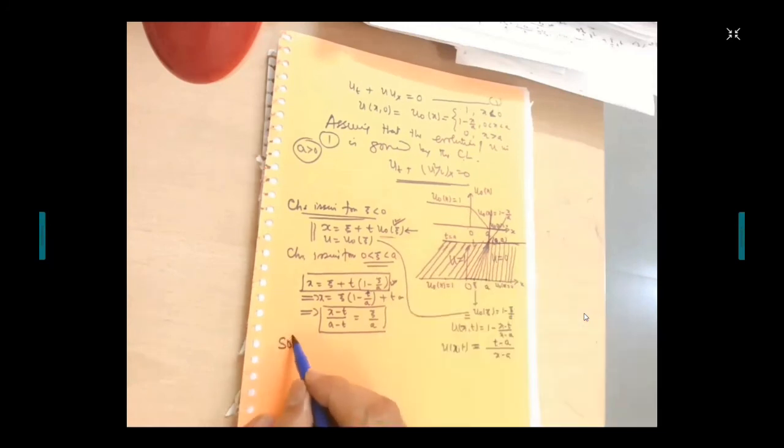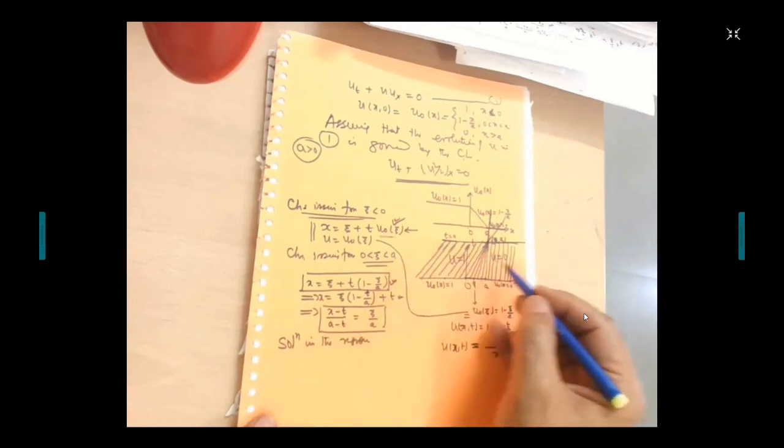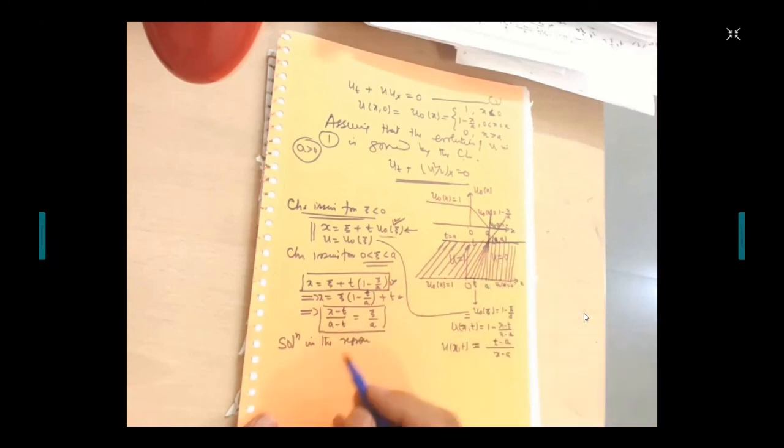So we can write the solution in the interval t greater than or equal to 0 and less than a. What is the solution? The solution u(x,t) on the left is 1.